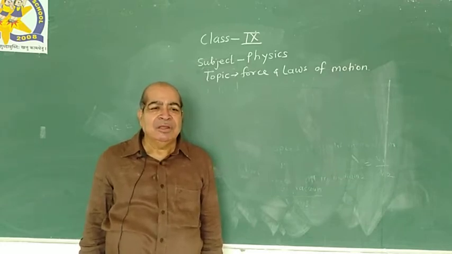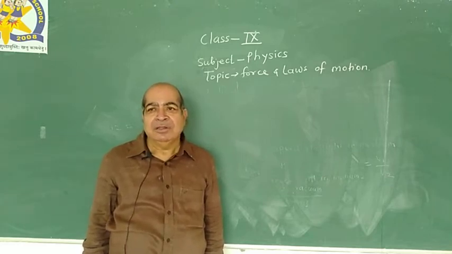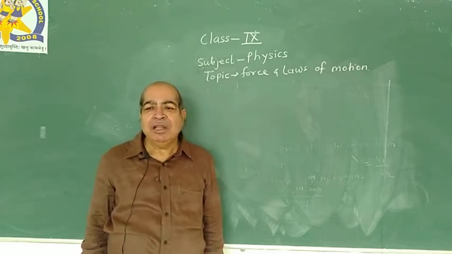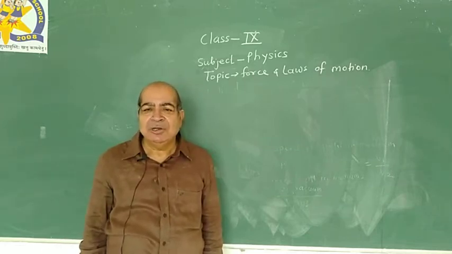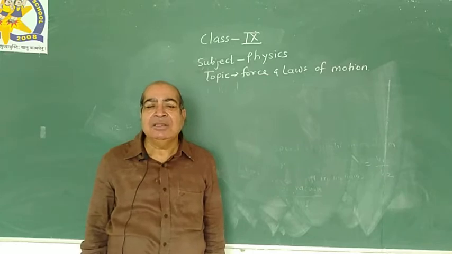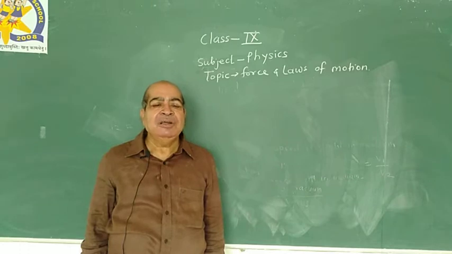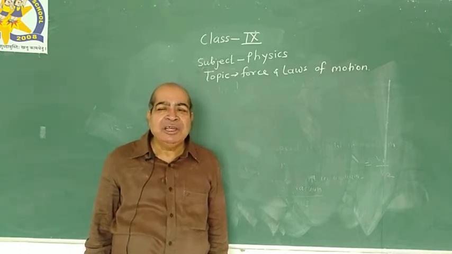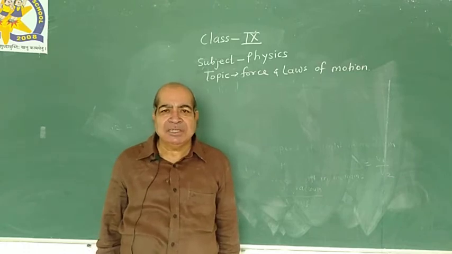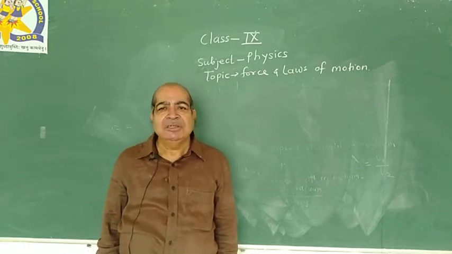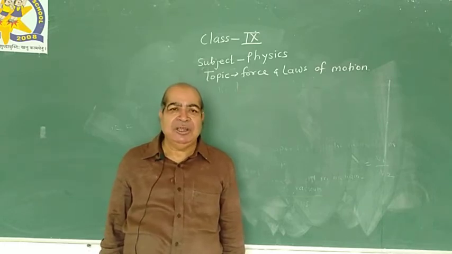Similarly, if you take a ball and hit it, then the ball changes its position. Thus pushing, pulling and hitting are the three processes by which the state of the object can be changed.